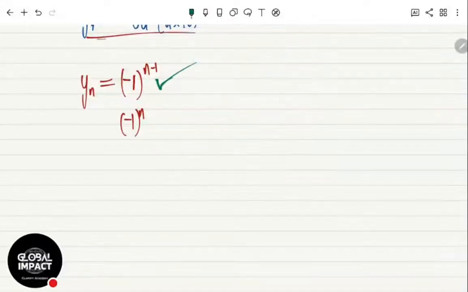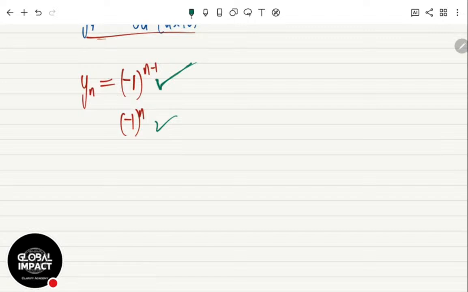If the second term is positive, then your negative 1 is to the power of n.